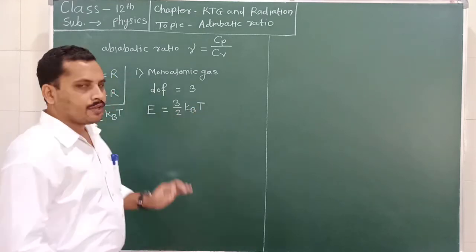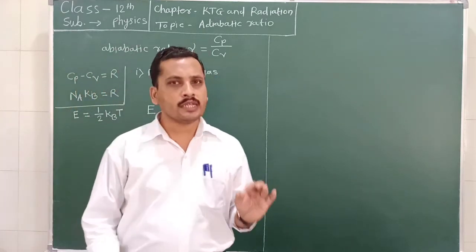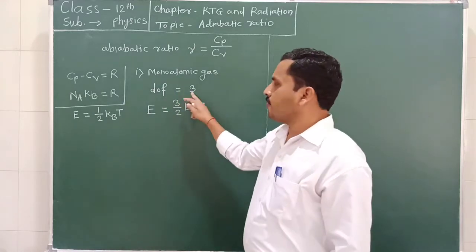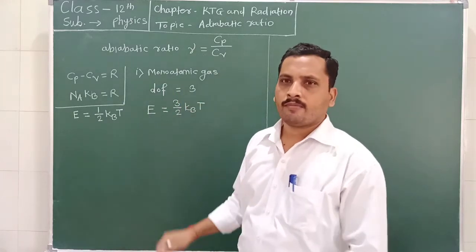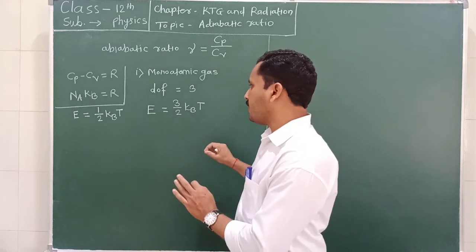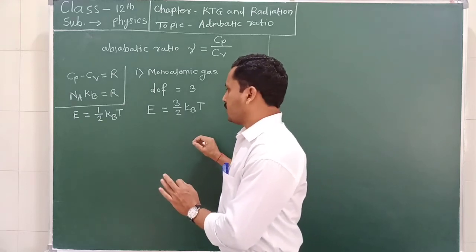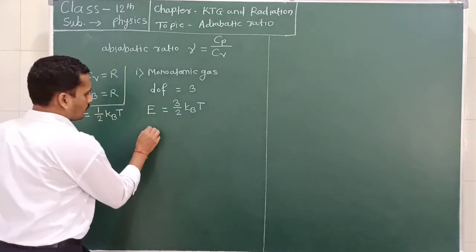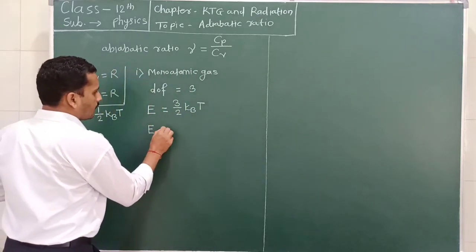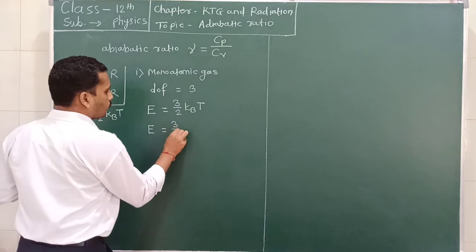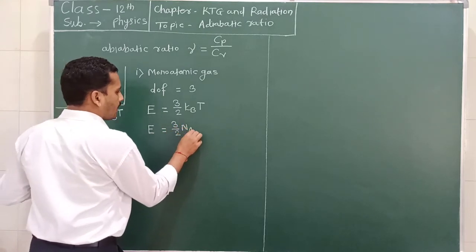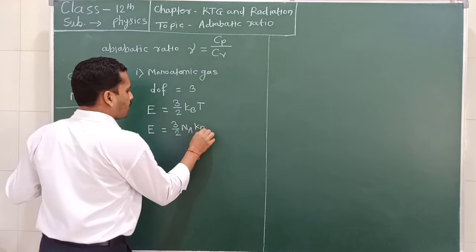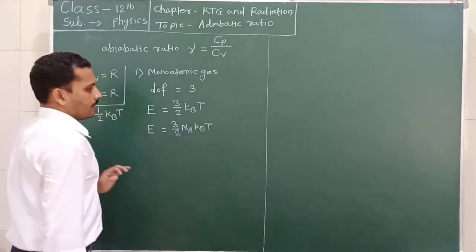This is the internal energy of a single molecule having 3 degrees of freedom. But if we are to calculate the molar energy, this energy is equal to 3 by 2 Na kB multiplied by T.